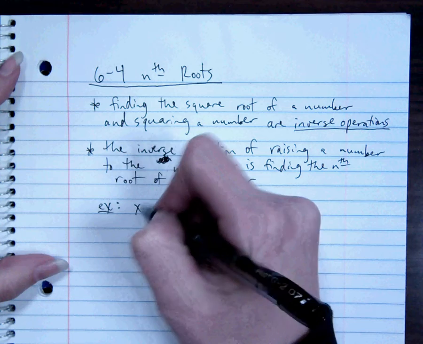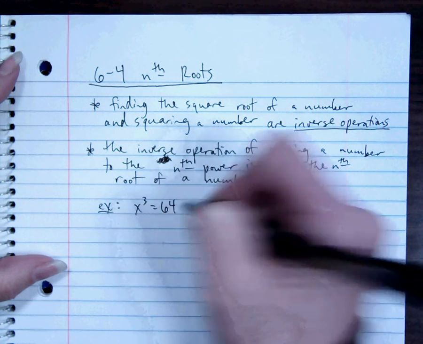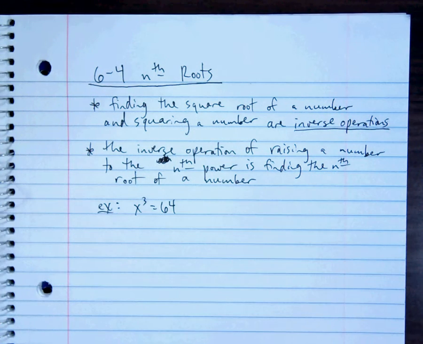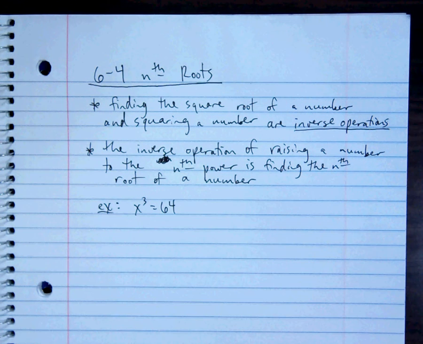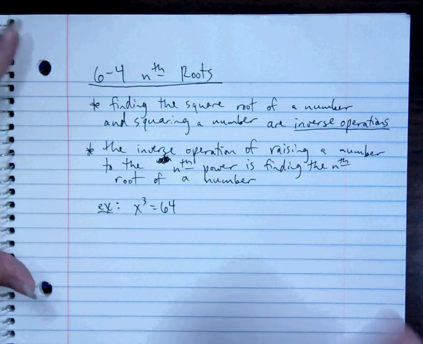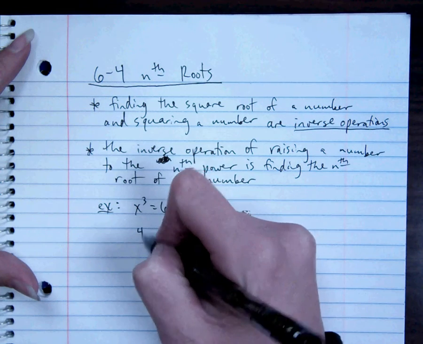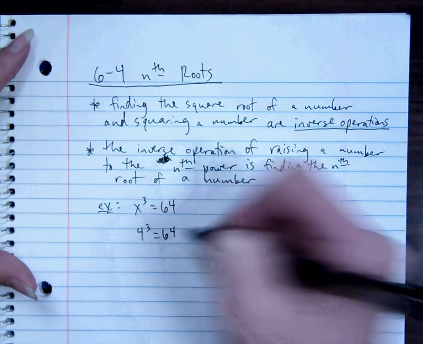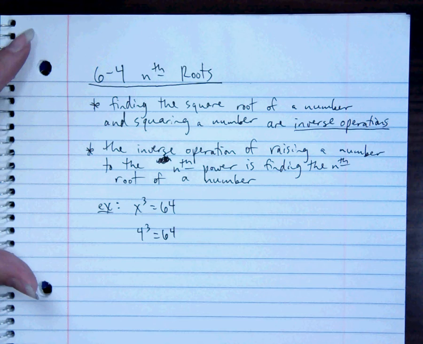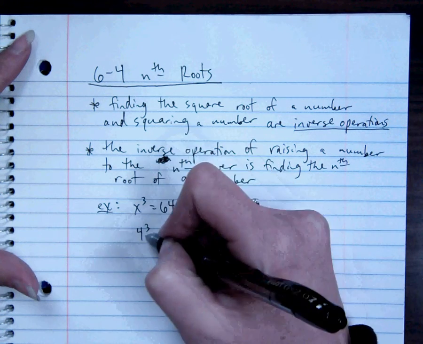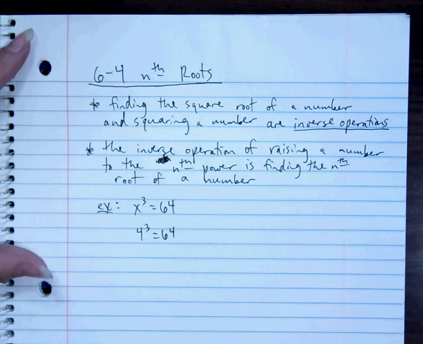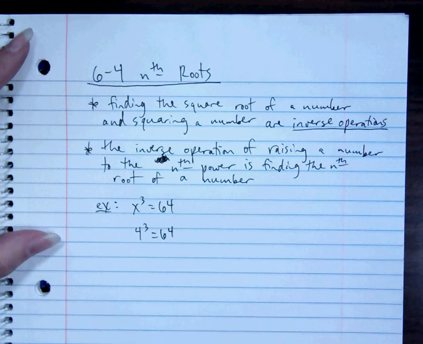If we have something like x to the third equals 64, we know that's true if we have what for x? Well, 4. I hope you're thinking 4 to the third is what gets me 64. So since I know this statement is true here, 4 to the third equals 64, think about in reverse.